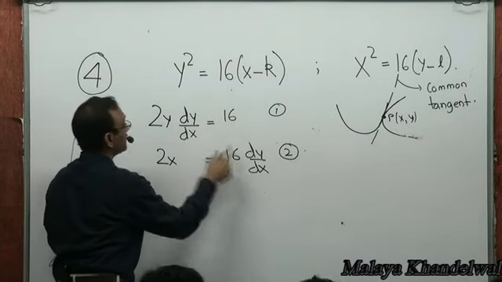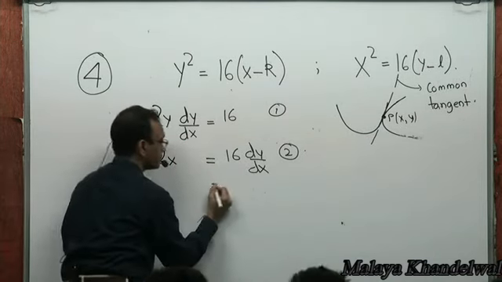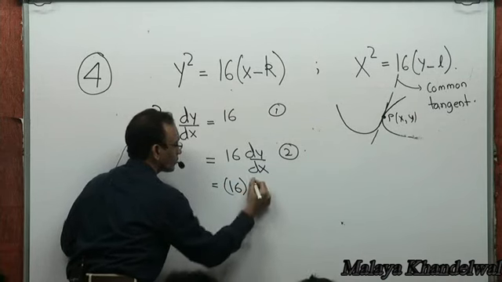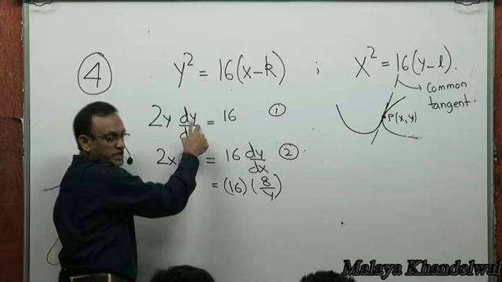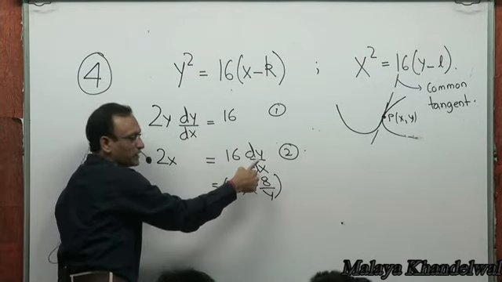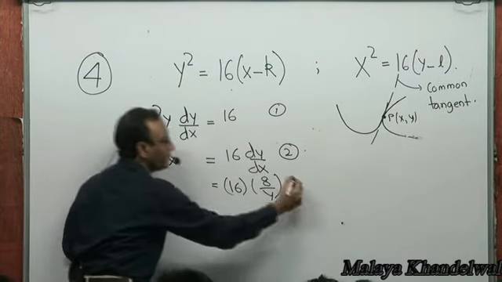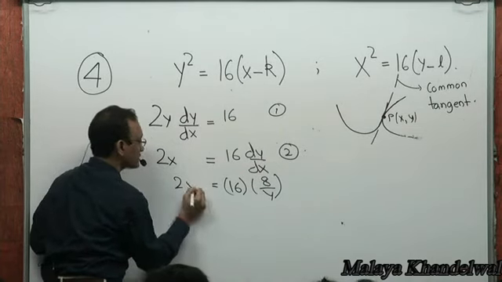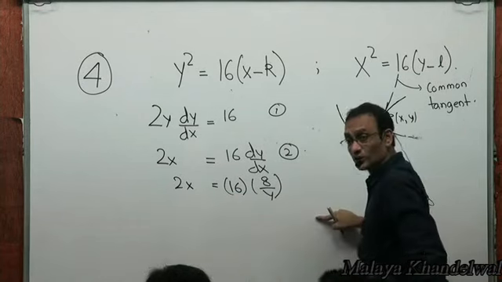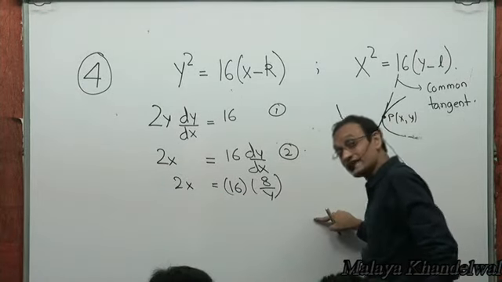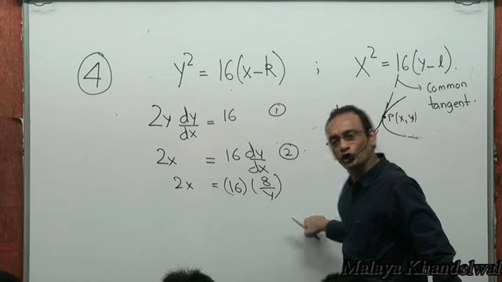Now, this dy dx I can write as 8 by y. The dy dx I can take from here and write as 8 by y and plug into this. 8 by y. So that's 2x. So this point of contact xy will always satisfy this equation. Yes or no? This then will be the locus of the point of contact P.